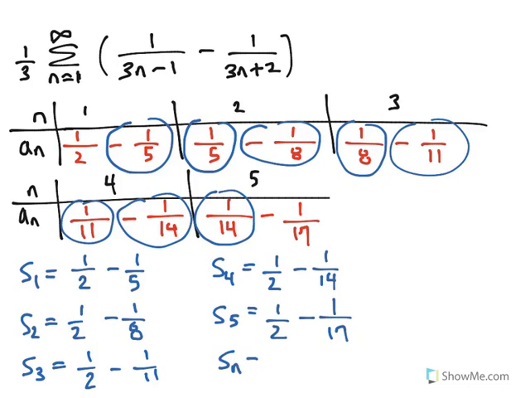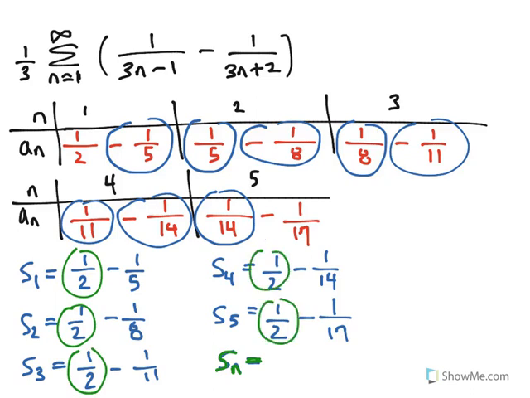So we find a pattern, and we can use that to help us write the nth partial sum. As you can see from the first 5 partial sums, we will always have 1/2, and then all the other fractions in the middle will add to 0, but you are left with subtracting the second fraction of the nth term.